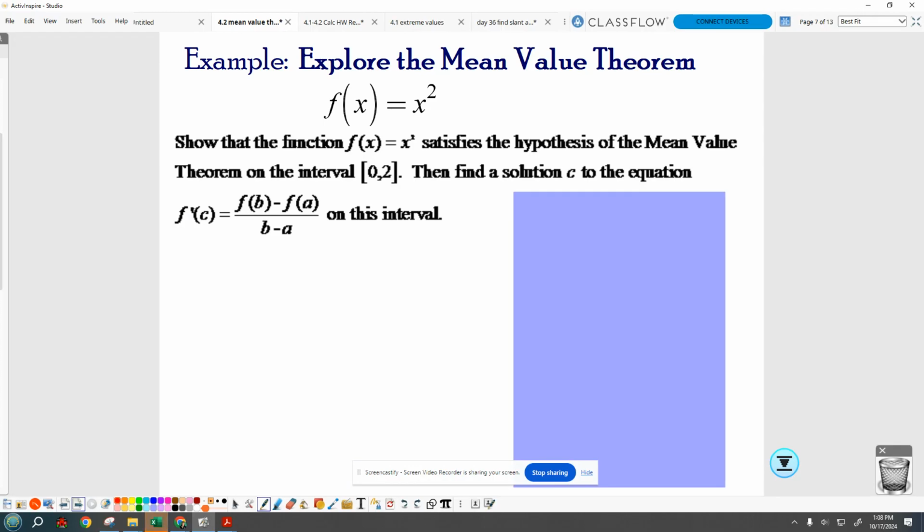Okay, y equals x squared. Is it continuous everywhere? Like all of the numbers that ever were numbers, so it's continuous over 0 to 2. Is it differentiable over all of those numbers? Yeah, okay. So those two conditions are now true. So find the average over 0 to 2, find the derivative, and find where that derivative meets the mean value theorem's conditions.